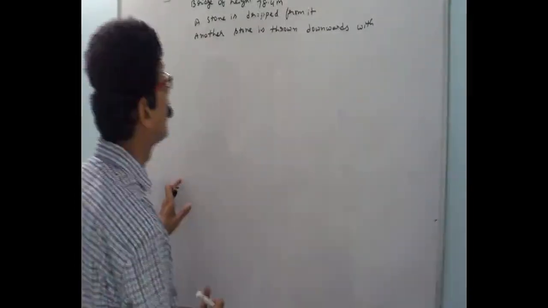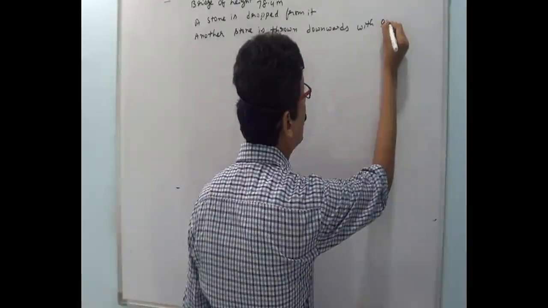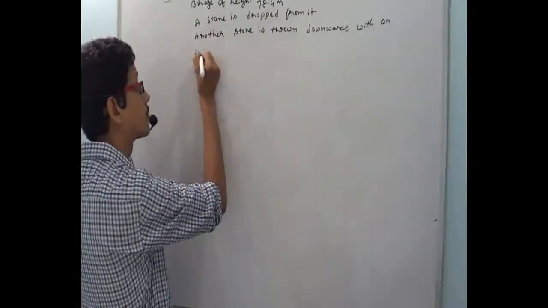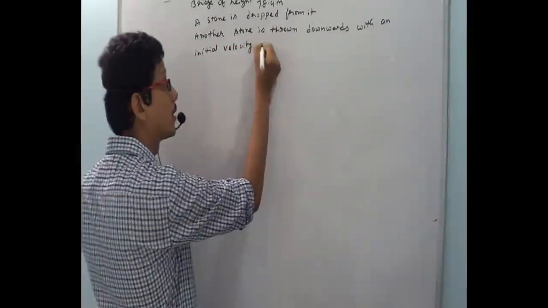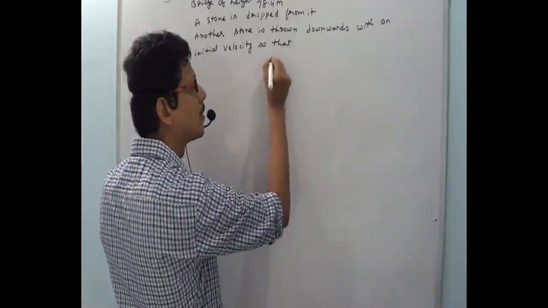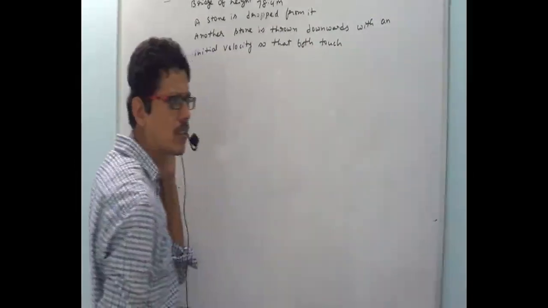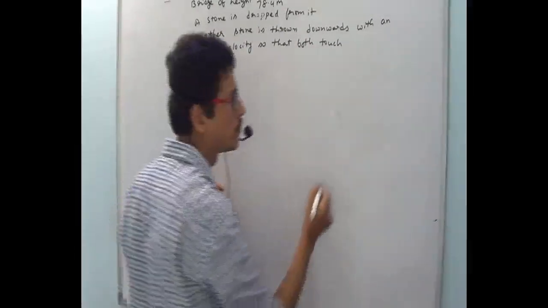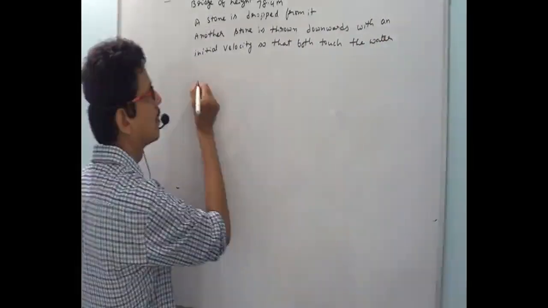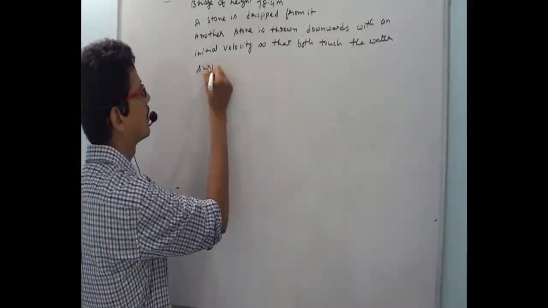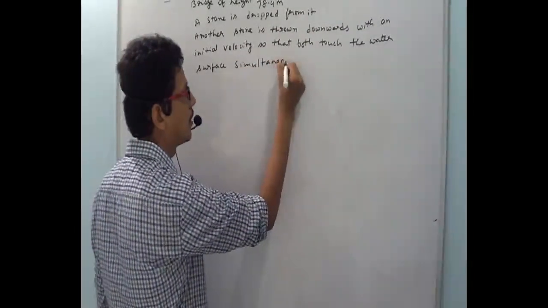Another stone is thrown downwards with an initial velocity so that both touch the water surface simultaneously.